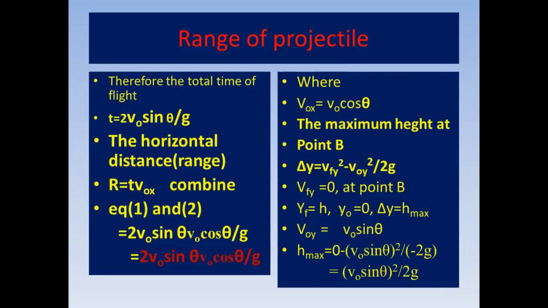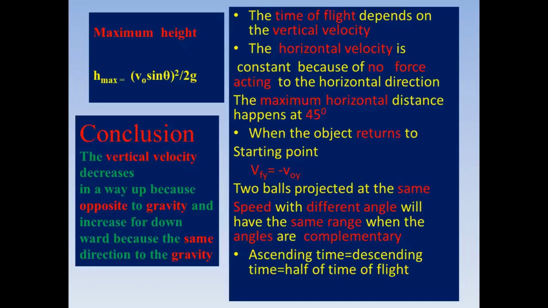This gives v0 sine theta to the power of 2 over 2g. These are the maximum heights. Or h max is equal to v0 sine theta to the power of 2 over 2g.